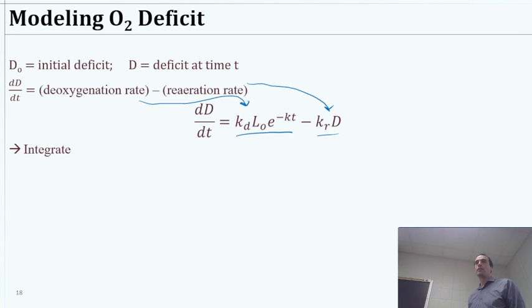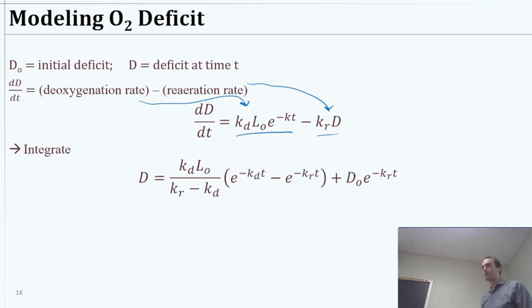All right, go for it. Kidding. Okay, so we'll let the book do that for us. So the integration there, if we assume the book is correct here, is Kd times L naught divided by Kr minus Kd, all that times e to the minus Kd t minus e to the minus Kr t, and then plus D naught times e to the minus Kr t.